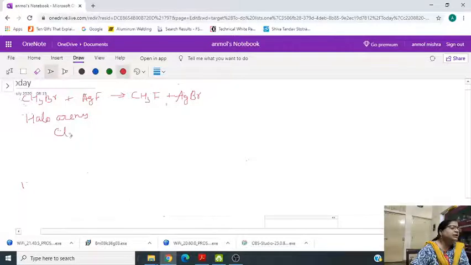We can take the example, that is when Cl2 reacts with anhydrous FeCl3, it generates an electrophile Cl+. This electrophile attacks the benzene ring.